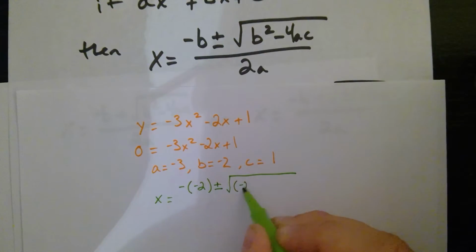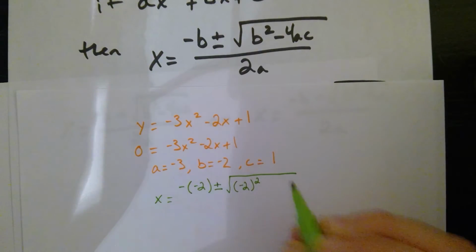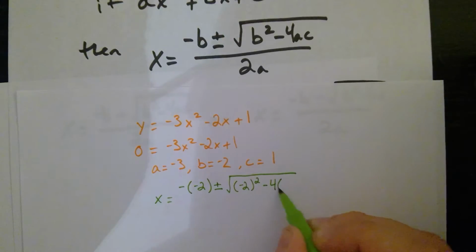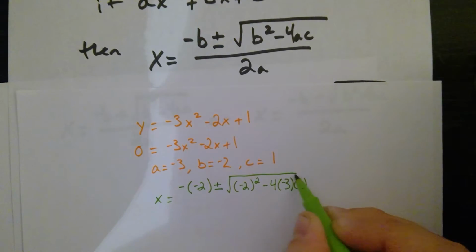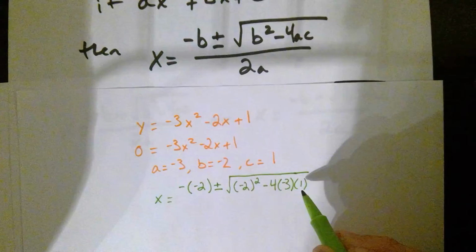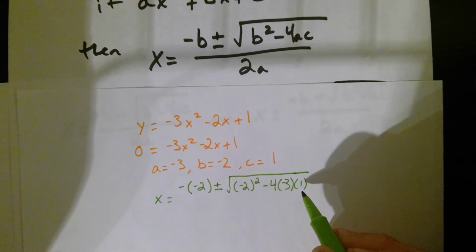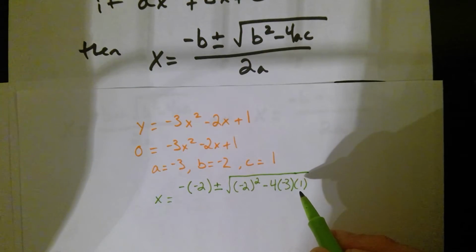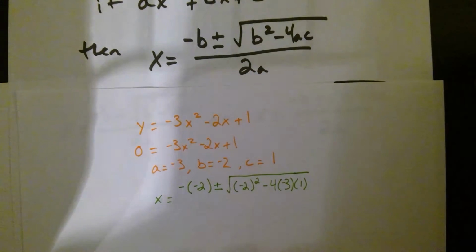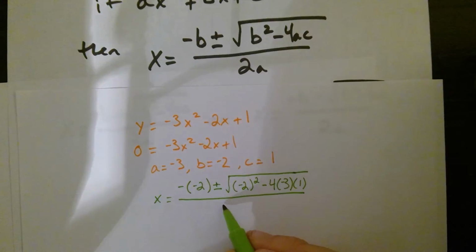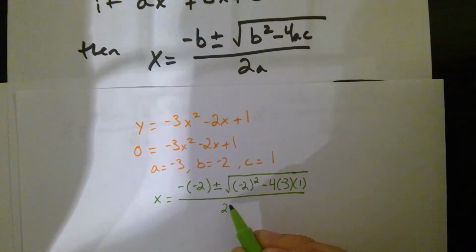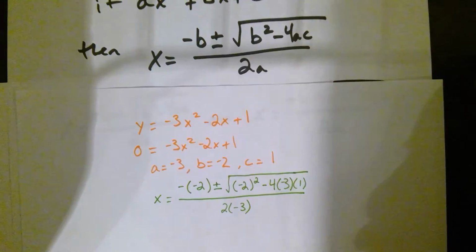So we put that in parentheses, squared, minus 4 times negative 3 in parentheses, times 1 in parentheses. Even though it's 1 and we just multiply by 1, I want to see it there. Because if it were not 1, I don't want us to make mistakes. And then we have 2 all over 2a, 2 times negative 3.